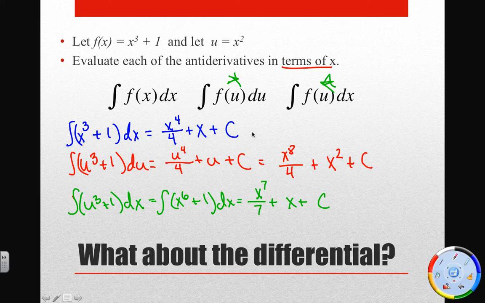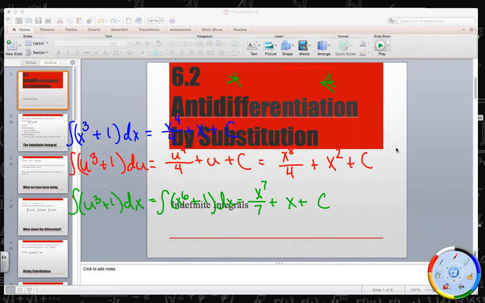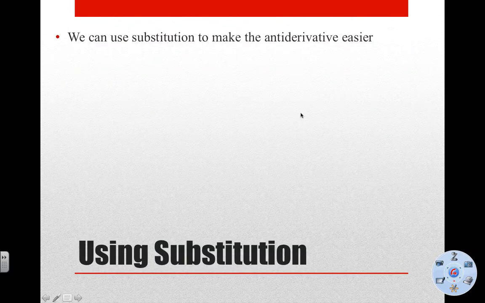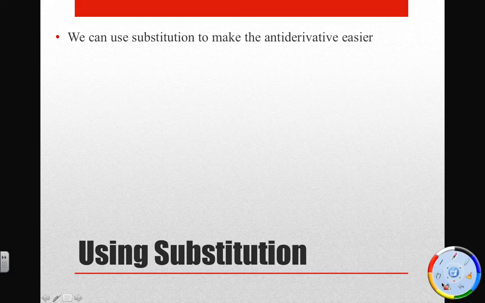So that's going to lead us into using substitution. And so far, the antiderivatives that we've been dealing with have been very easy. Some of you might not have been thinking that, but they've actually been very easy, like the ones we were just doing.